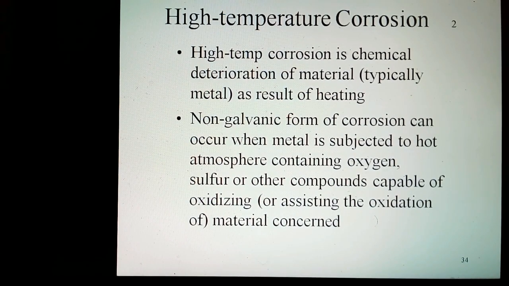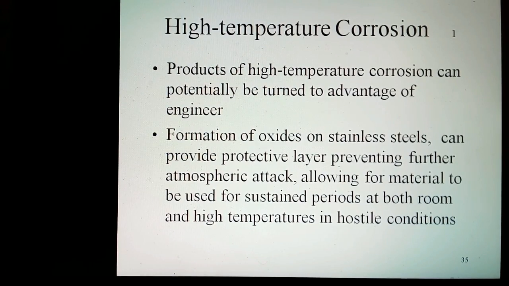High-temperature corrosion. High-temperature corrosion is chemical deterioration of a material, typically a metal, as a result of heating. This non-galvanic form of corrosion can occur when a metal is subjected to a hot atmosphere containing oxygen, sulfur, or other compounds capable of oxidizing or assisting the oxidation of the material concerned. Products of high-temperature corrosion can potentially be turned to the advantage of the engineer.